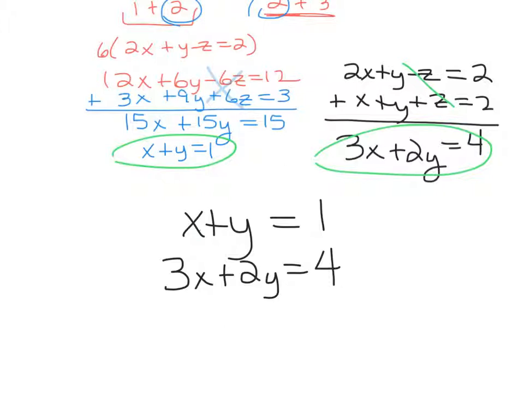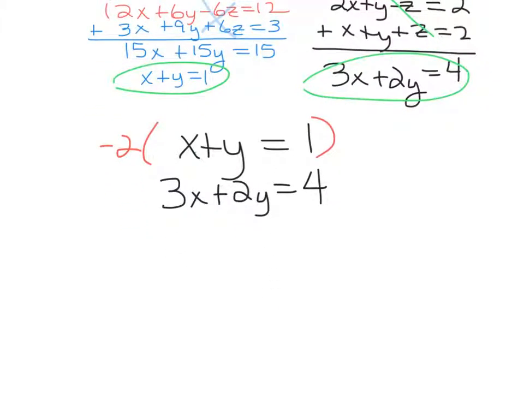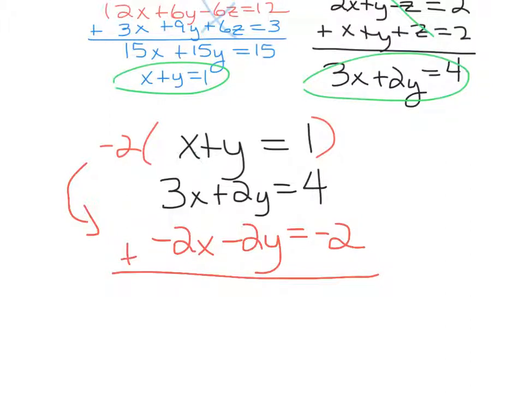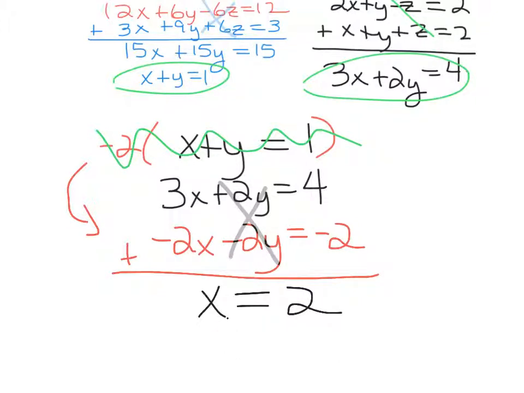Again, there's no right or wrong one to solve for first. So what I'm going to do is multiply my first equation by -2. So that new equation that I'm going to get, I'm going to write the answer down here, is -2x minus 2y equals -2. All right, so now I add those two equations together, and I get x equals, the y's cancel, x equals 2. I've already found one number for my triple.